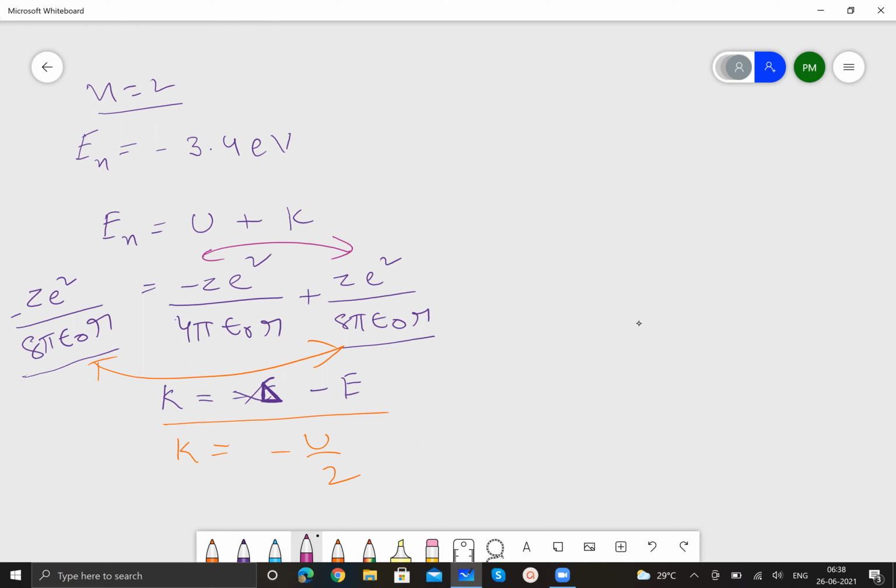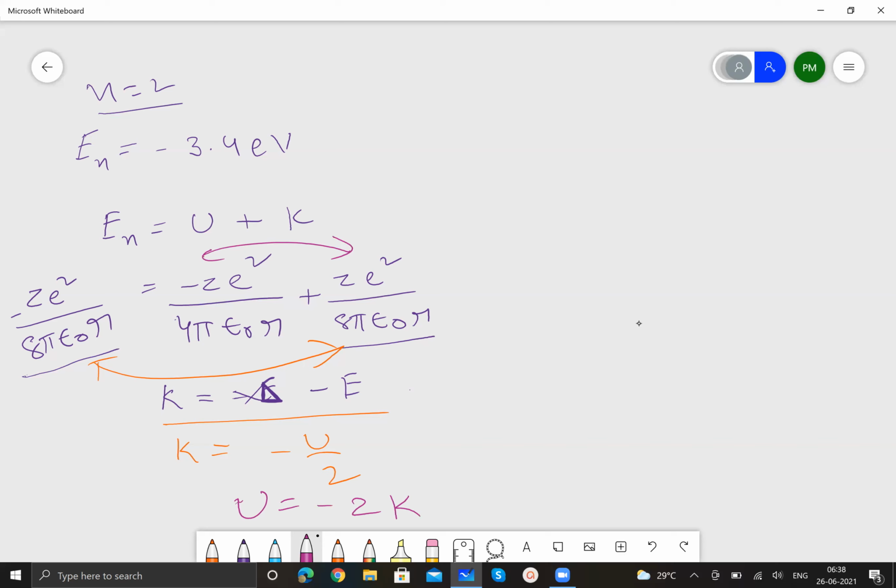Otherwise you take the ratio, but that's a long process. This is a logical way of getting the relation. So K is equal to minus E, K is equal to minus U by 2 means U is equal to minus 2K.